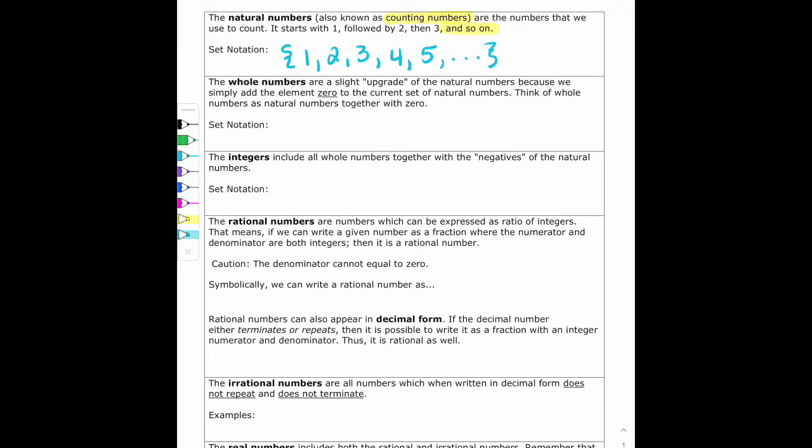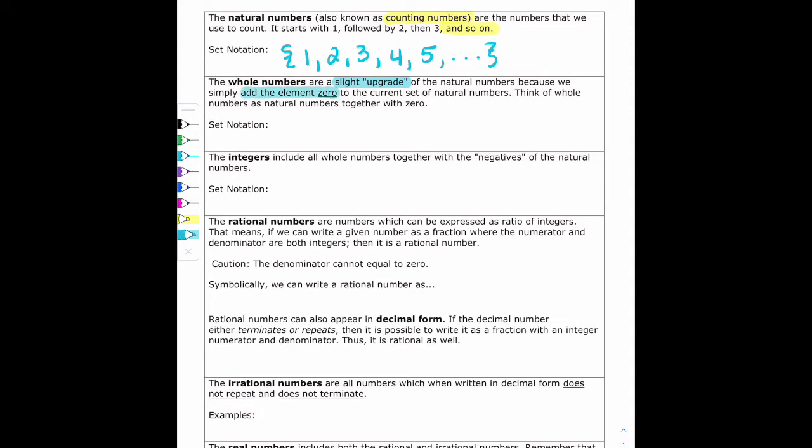Next, we have the whole numbers. We like to think of this as a very slight upgrade. By slight upgrade, we mean we're just going to take the natural numbers, or counting numbers, and the only thing we're going to add to that is 0.